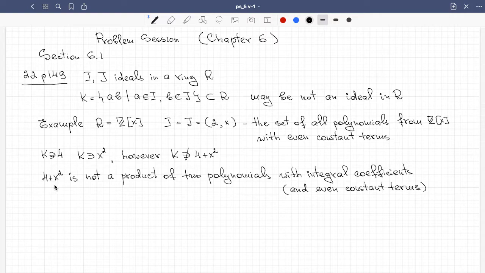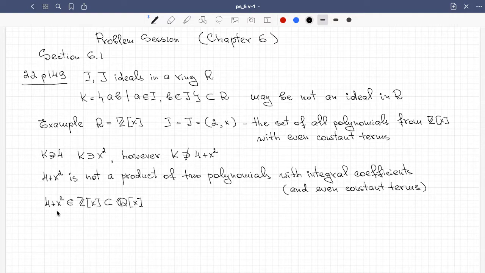Indeed, a point is that this polynomial is a polynomial in Z of x, and actually every polynomial in Z of x is a polynomial with rational coefficients. It is much easier to work in this bigger ring because these polynomials have their coefficients in a field, and we know a lot about this case.